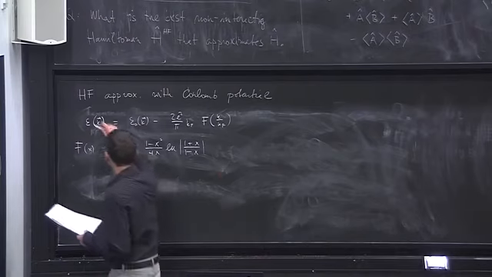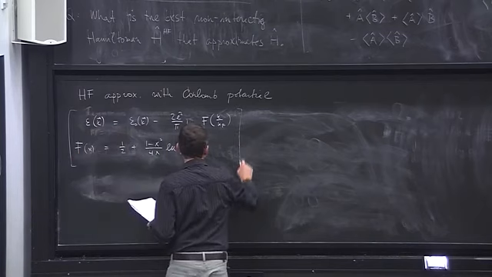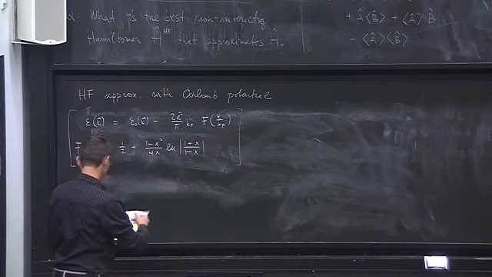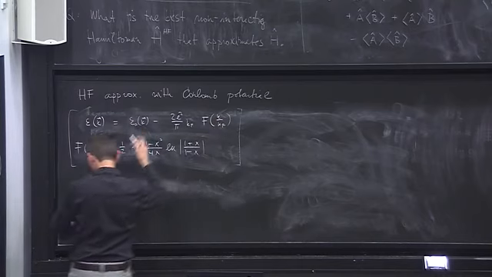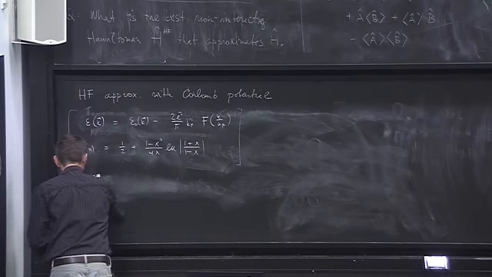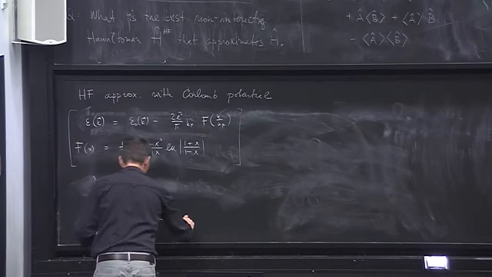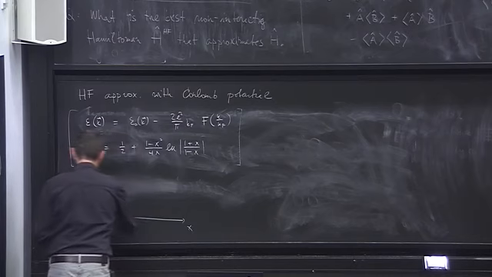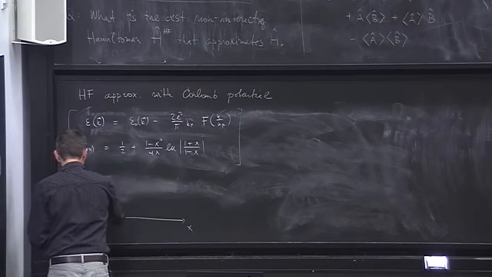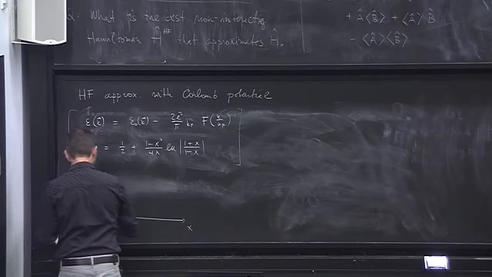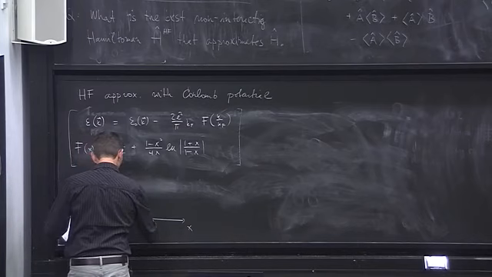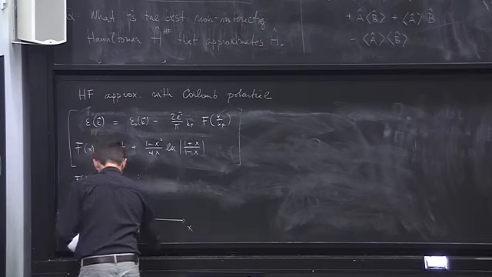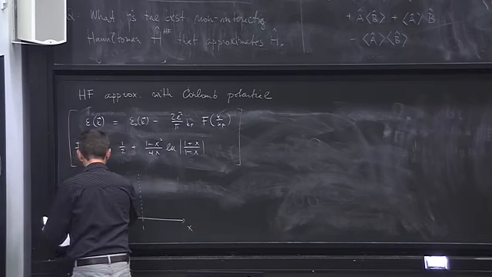So this is the result. Now let us think about it a little bit. First of all, let's try to plot this function F, just so that we know what we're dealing with. This function F has the following behavior. So this is x, this is F of x. It starts at 1 when x is equal to 0. And then when x is equal to 1, it has non-analytic behavior.